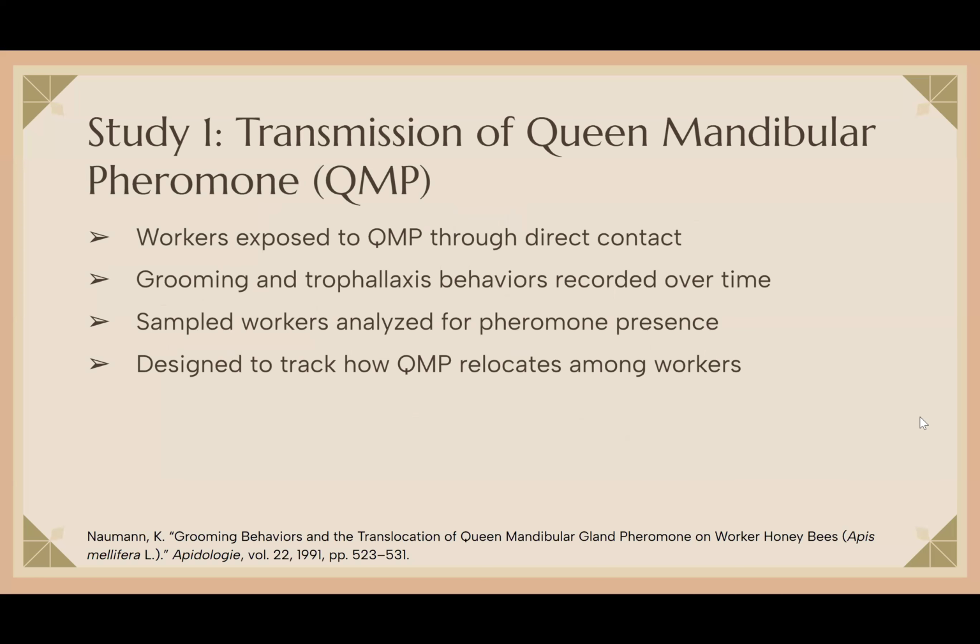The first study examined how the queen mandibular pheromone, or QMP, spreads among workers. Workers were exposed to the pheromone and then observed to track how behaviors like grooming and trophallaxis contributed to its movement throughout the colony. Researchers then sampled the bees to measure pheromone presence in different individuals and body regions.